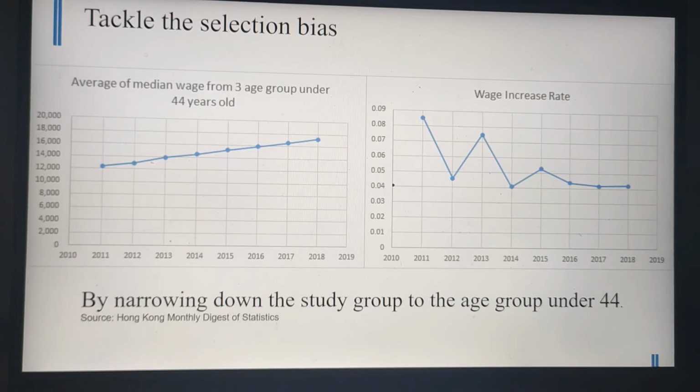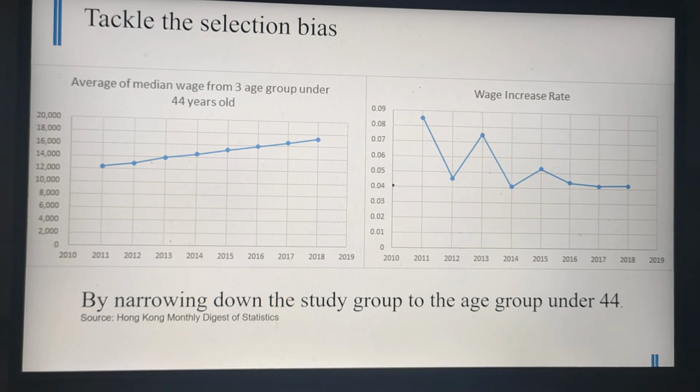We just narrowed down the study group to the age group under 44 years old. Why do we choose 44 years old as the figure? Because from the data we looked up, the age group under 44 years old can include 90% of the married population.